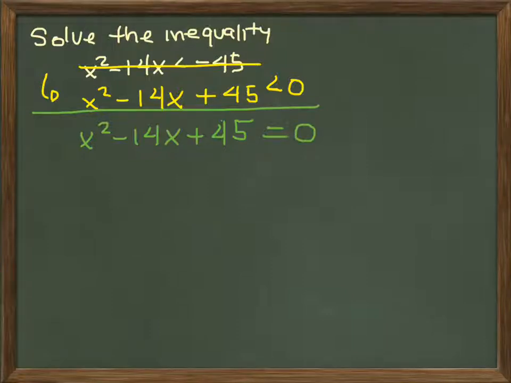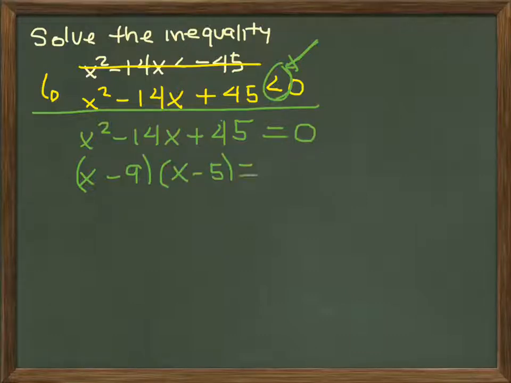Why? Because if I know where it's equal to 0, then I just decide if I'm looking for the part below the x-axis because I have this sign right there. So where is this equal to 0? Well, I can factor this one. It becomes x minus 9, x minus 5.